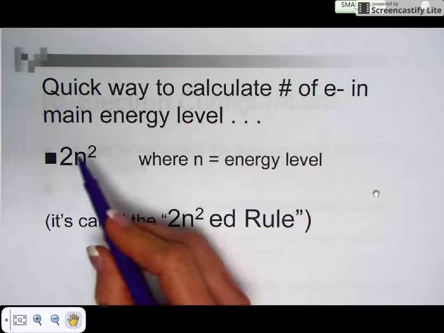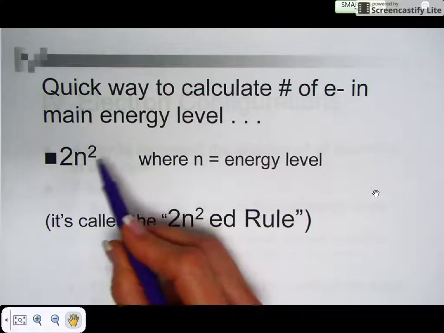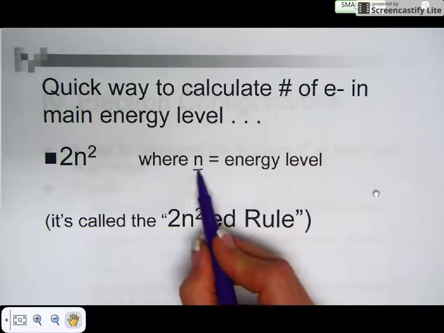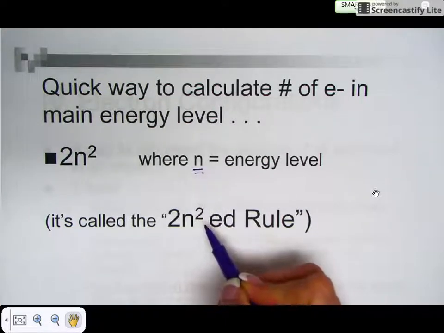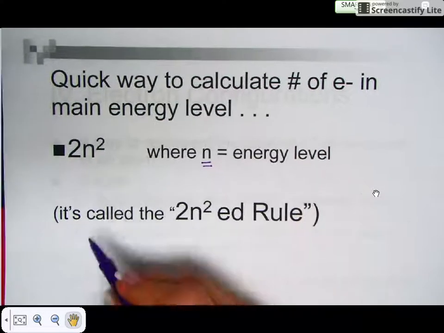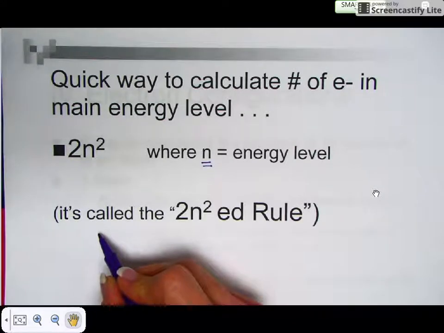The 2n squared rule is a quick, easy way to calculate how many electrons can fit in a given energy level. Remember, n is your n quantum number that we learned about yesterday, and it represents your energy level. So if I were to ask you how many electrons can fit in the first energy level, that would mean n is equal to 1.